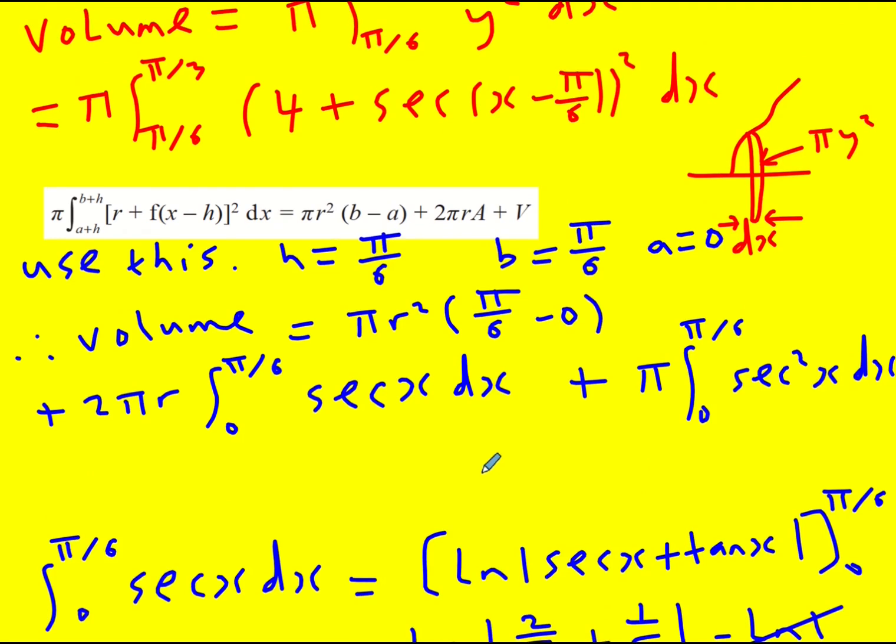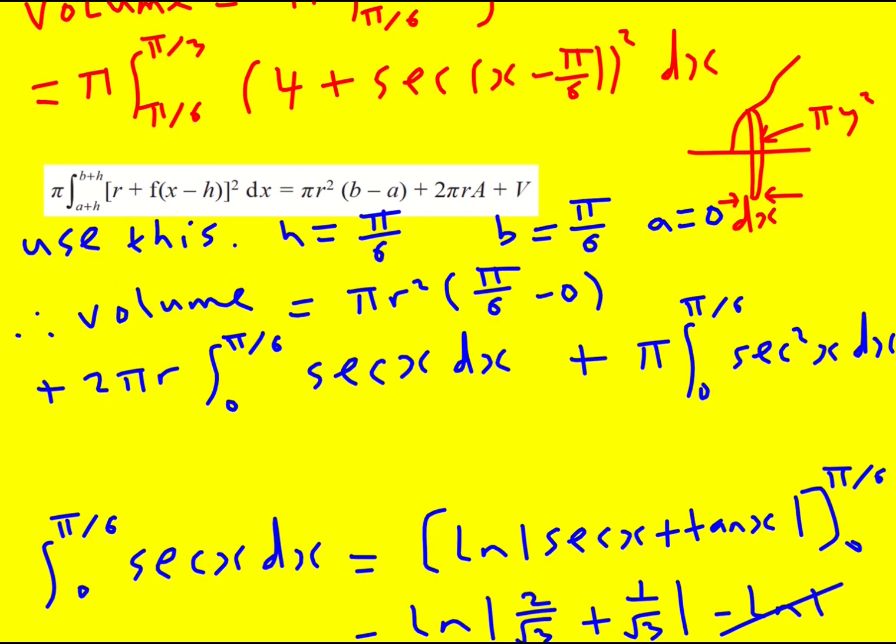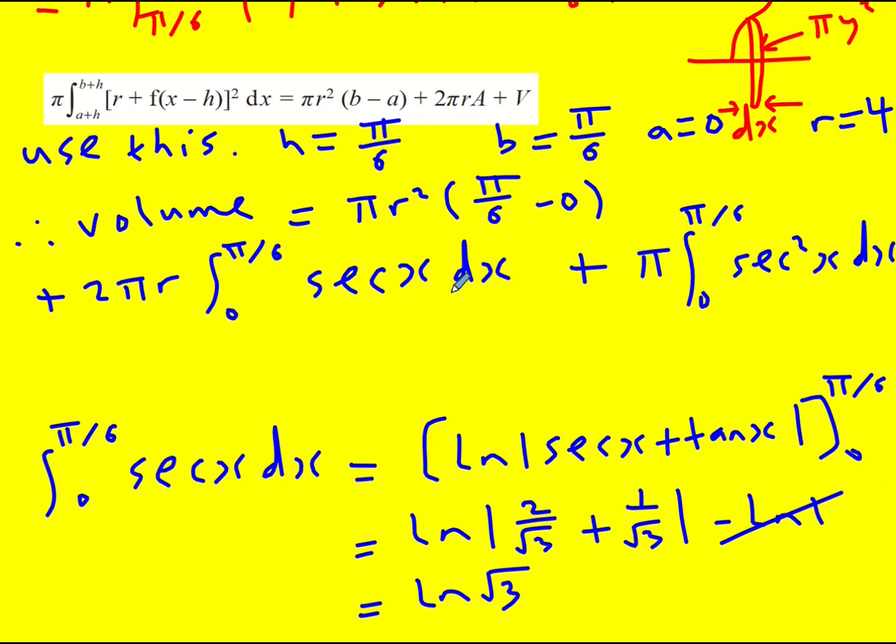Now at this point, I've just realized there's one thing I've not done. I've not actually said what r is, and r is equal to 4. So we'll be using that in a minute. And actually, I should have already put it in. This here should be 16 pi instead of pi r squared, and this should be 8 pi.